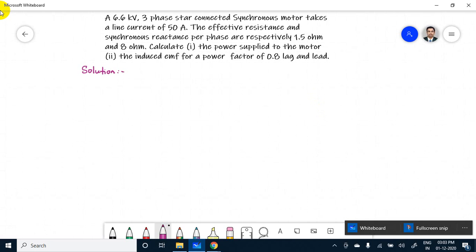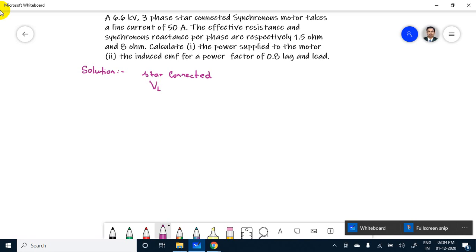So in solution, what are the given data available as per your problem? You see here a 6.6 kilovolt 3-phase star connected. So the machine is star connected, it is mentioned in your problem. The voltage value mentioned here, 6.6 kilovolt, is the line voltage.